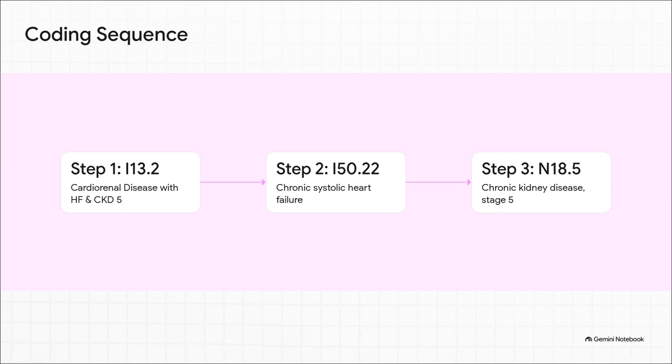The documentation clearly says chronic systolic heart failure, which, according to our manual, maps to I-50.22. Step 3, we must specify the kidney disease stage. Stage 5 maps cleanly to N18.5. So, your final perfectly compliant sequence is exactly this: I-13.2, followed by I-50.22, followed by N18.5.